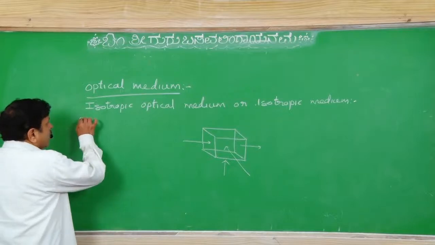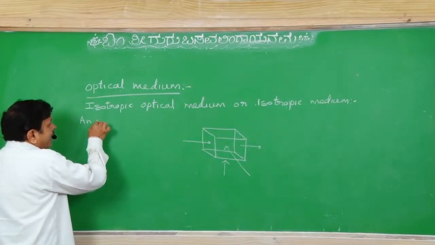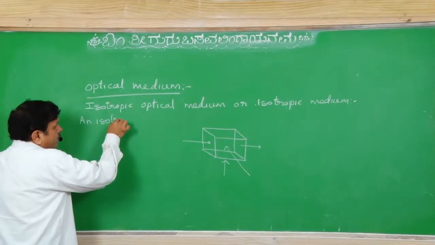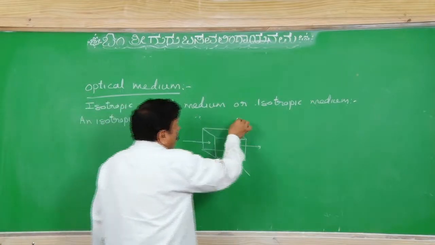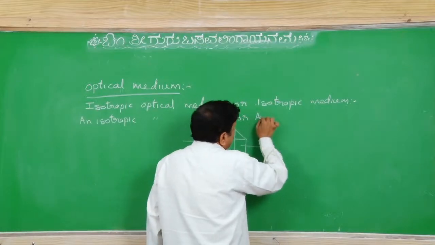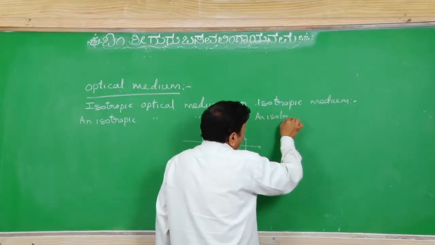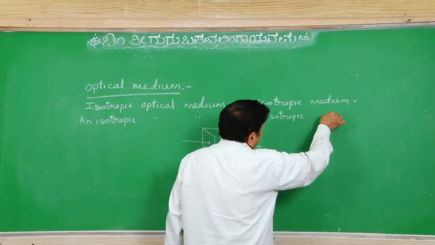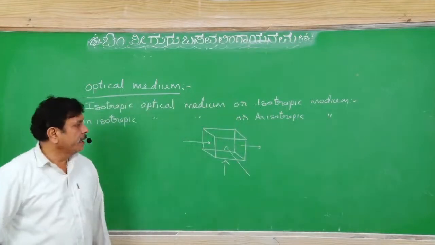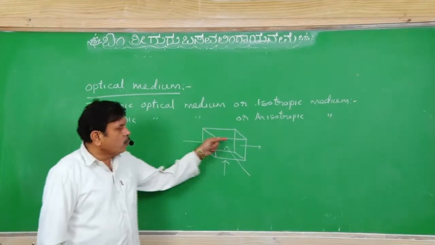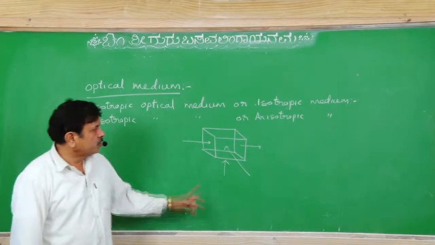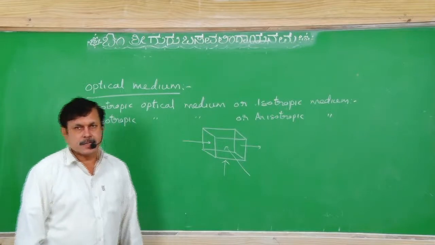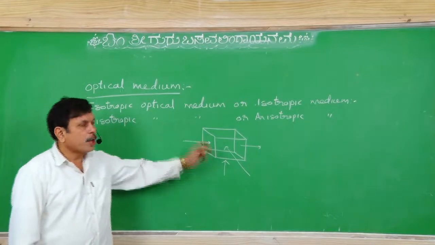Now we have the other one, anisotropic medium. Here, the speed of light in one direction will be different from that in another direction. This type of substance is called anisotropic optical medium.